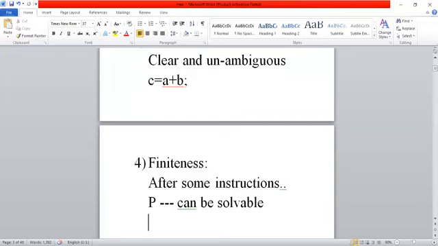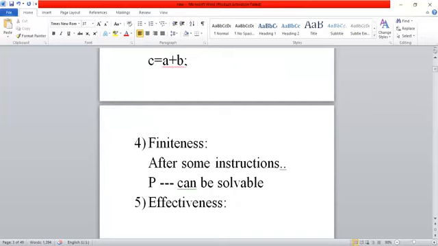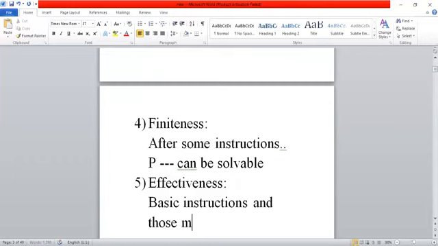So this is the fourth property. And the fifth property or criteria is effectiveness. What do you mean by effectiveness? This is also very, very, very important. Effectiveness means whatever instructions you include must be basic instructions, and they must be able to be carried out whenever you want to analyze or trace them.